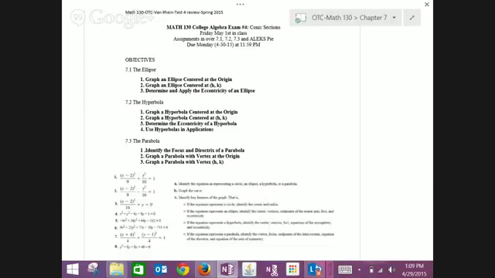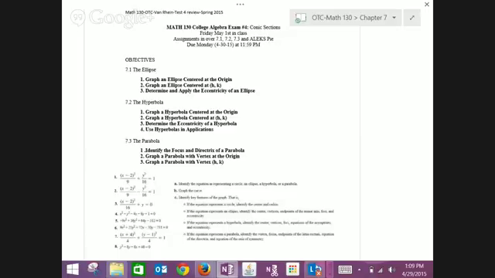Yes. So this is actually far as middle. It's going to be an ellipse, a hyperbola, or a parabola. And within each section, there's complete the square.